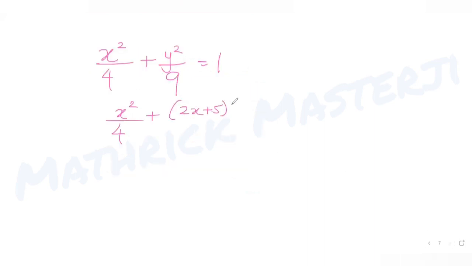So I have my equation of ellipse. In that, if I put x square over 4, y I know is 2x plus 5 over 9 equals 1.